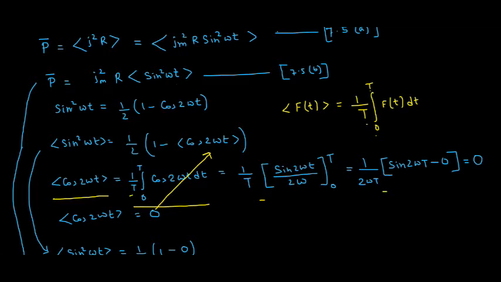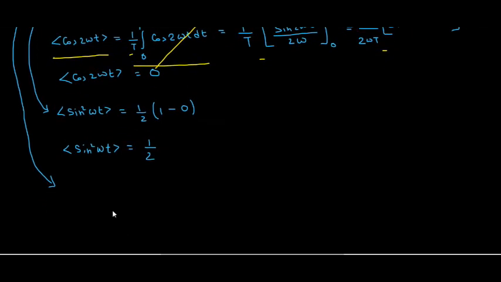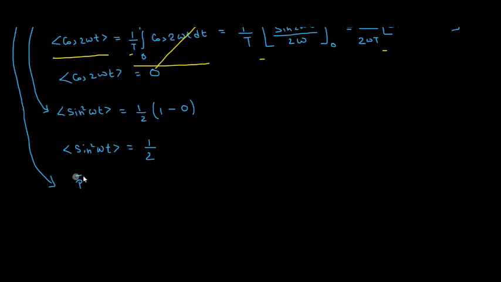So P mean will be equal to half I m square R. This is 7.5c.